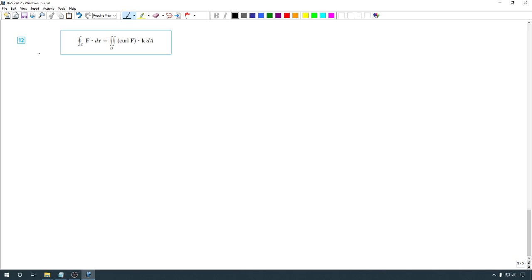Okay, so what we're going to do here, we're going to look at the integral over some curve C of F dot dr, where r, of course, is our curve around some D. So we have a curve C, we have some region inside of D.